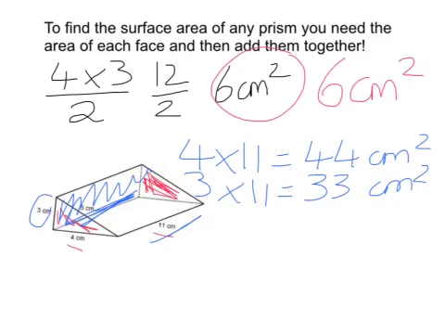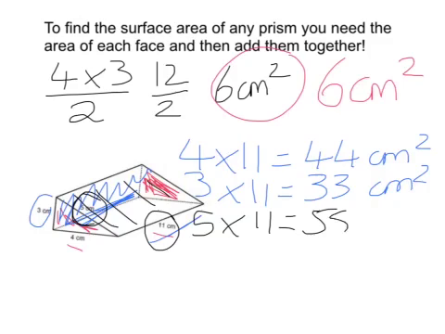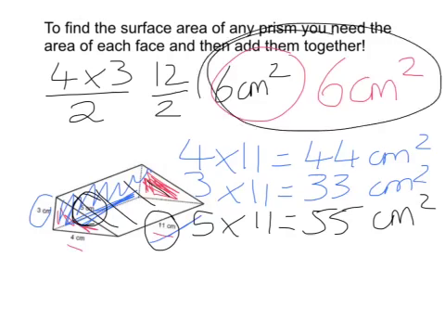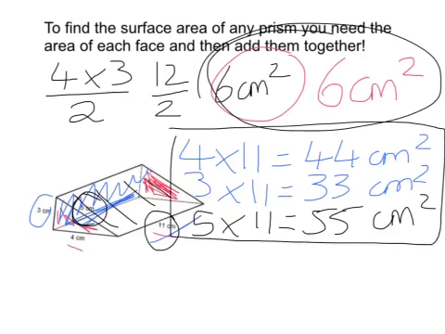Then I'm looking at this sloped one, which I can see is 11 times the 5, or 5 times 11 equals 55. So, looking at this triangular prism, there are 5 different faces. There are my 2 triangles that I worked out first, and then my 3 rectangles.